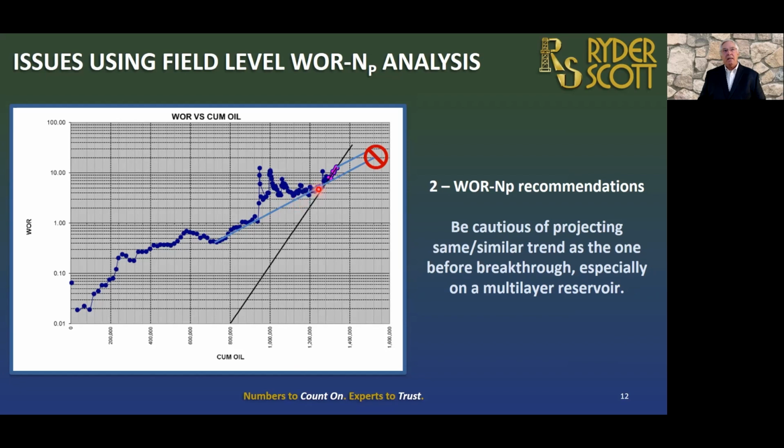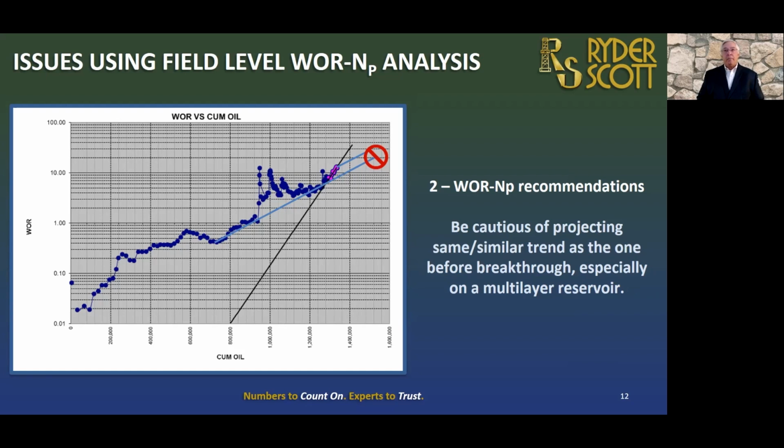And then there might even be a fourth breakthrough before the reservoir establishes the final trend. Specifically, I'd like for you to take a look at the parallel line, where if the extrapolation was moved to that parallel line, you might significantly over forecast the ultimate recovery from this reservoir.